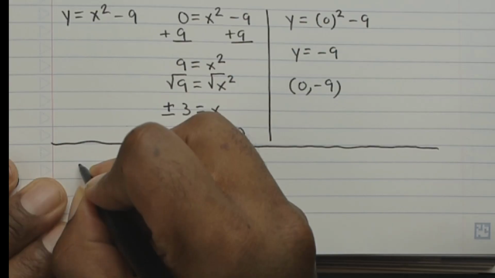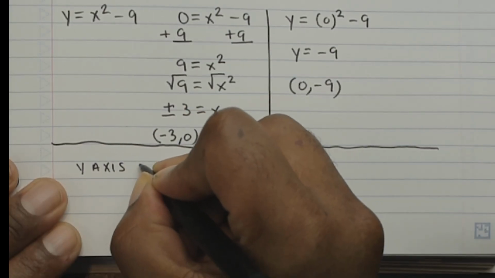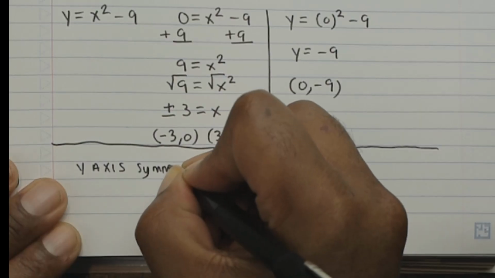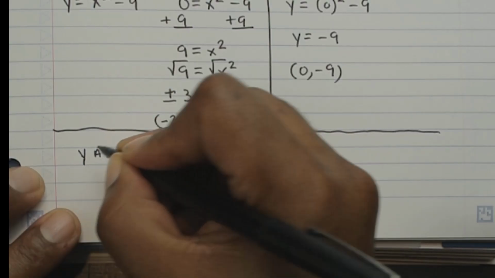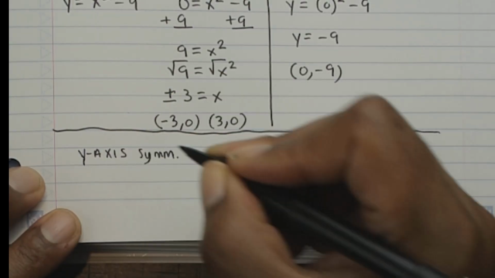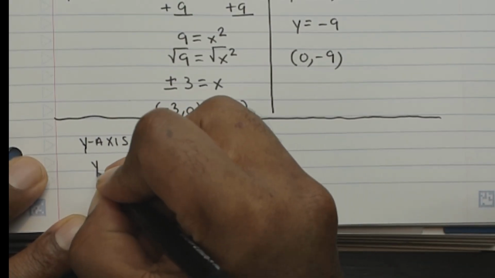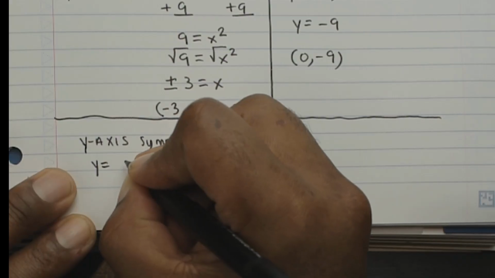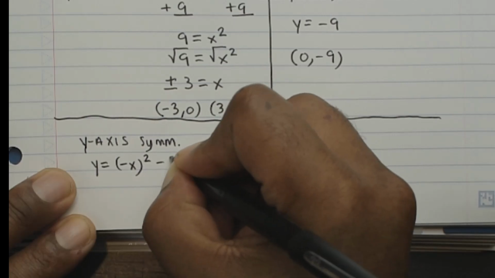I'm just going to abbreviate y-axis of symmetry there. In testing for the y-axis, we replace the x with negative x in y equals x squared minus 9.